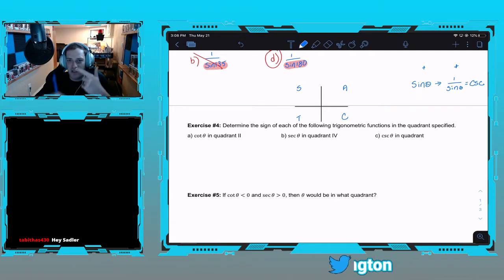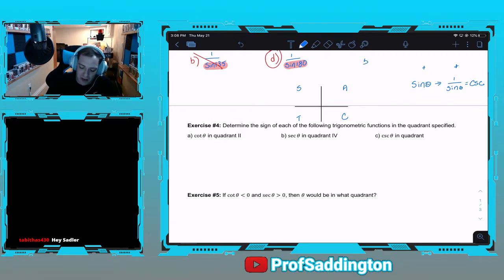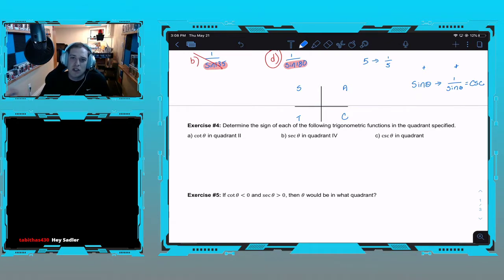Because if you flip a fraction upside down, it's not going to change the sign. Like if I have 5 and I flip it upside down, did it become negative? No. When we do reciprocals, it still stays positive. So even though we flipped sine theta over, cosecant is still going to be positive.